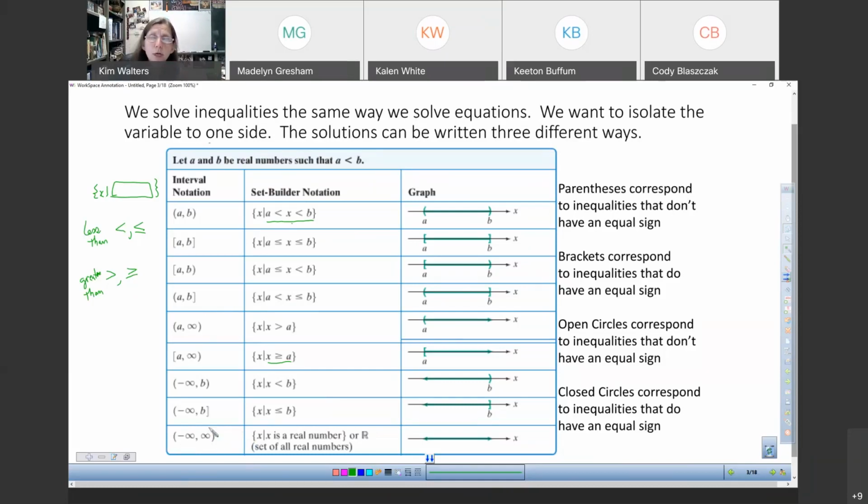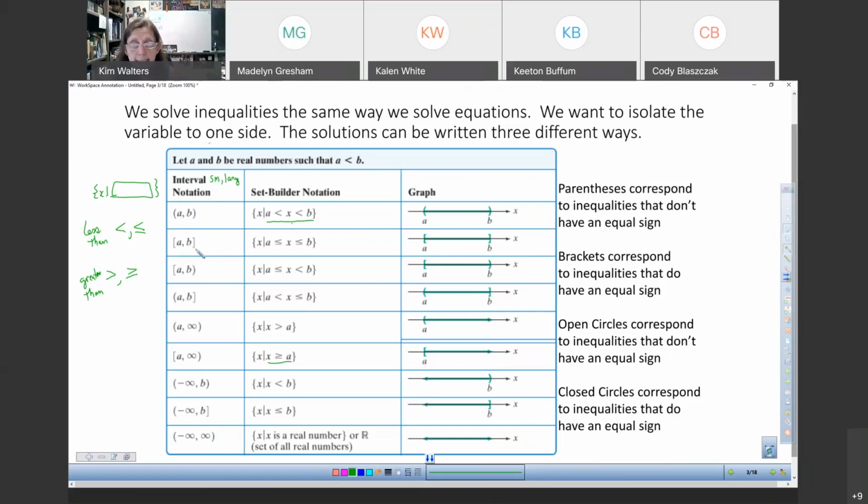I do want to tell you one other thing about interval notation. Interval notation is always written where we have the smallest number on the left-hand side, and the largest number on the right-hand side. So this is always written where I have small to large, always. So when I write an interval, it's always going to be the smallest number on the left and the largest number on the right.